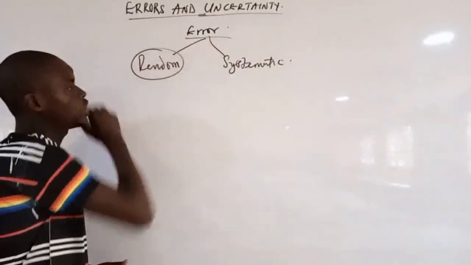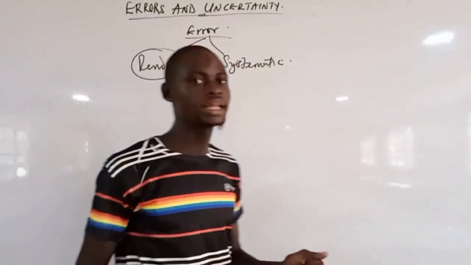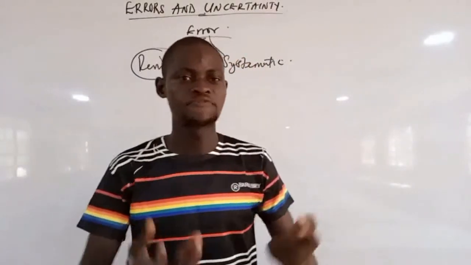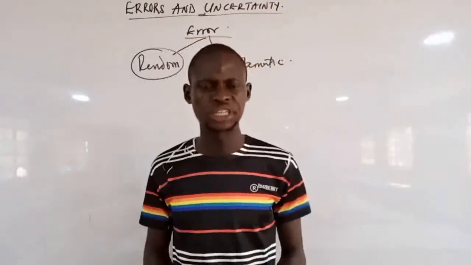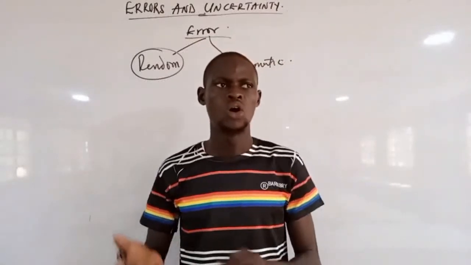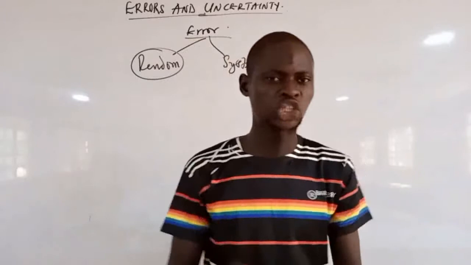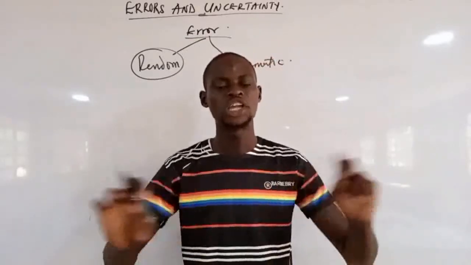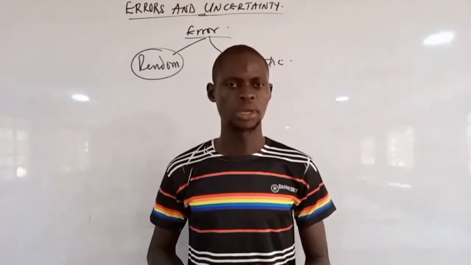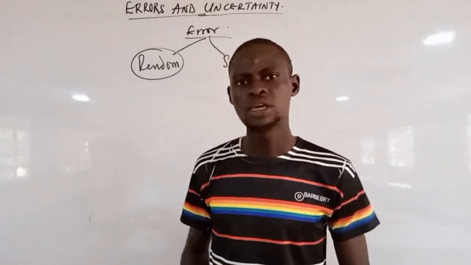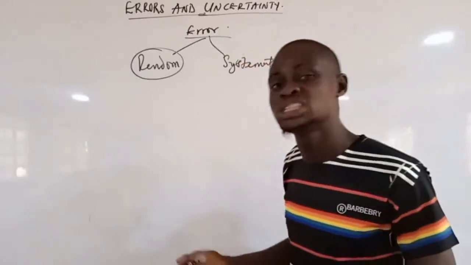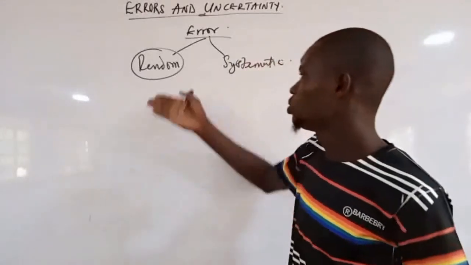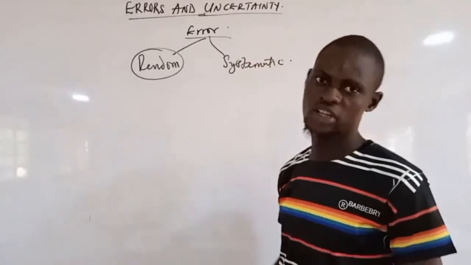The random errors we're referring to are the errors that are due to variation in readings or improper positioning of the eyes when taking reading from the meter rule or any other instruments. Altogether, if the eye is not positioned in the right manner, we can have what we call random error.